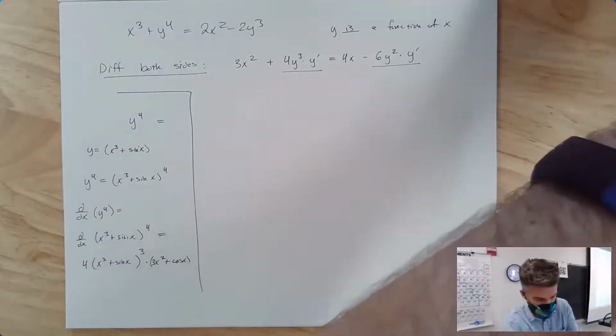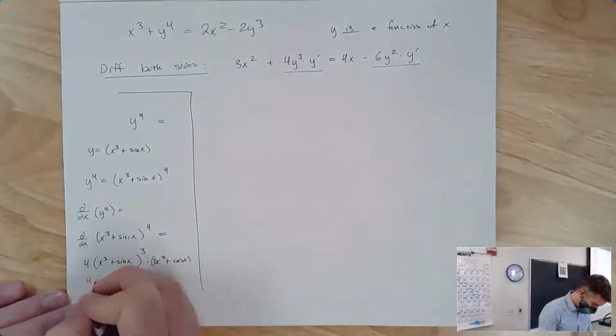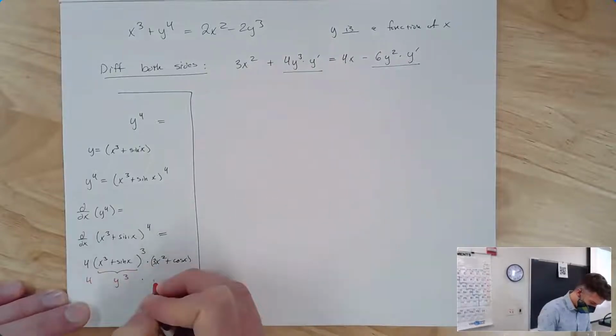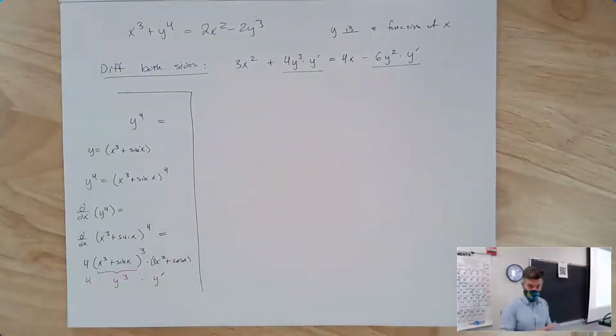This is exactly acting like 4 times y cubed times the derivative of y. So the reason when we're doing this sort of implicit differentiation thing that we're multiplying by the derivative of y is because we are using the chain rule. y is our stuff, and we're multiplying by the derivative of the stuff. Hopefully that offers some clarification there.